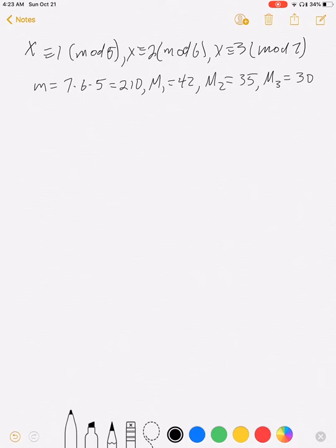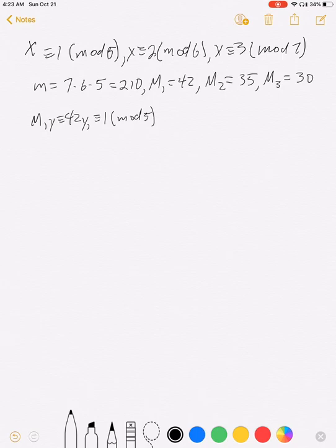And now recall that we find the inverses of the capital M's with respect to their individual moduli. So I form M1 y1, it's going to be congruent to 42 y1. That needs to be congruent to 1 mod 5.